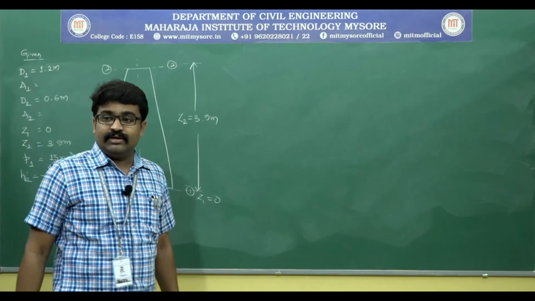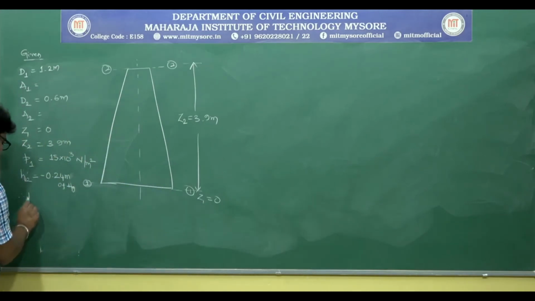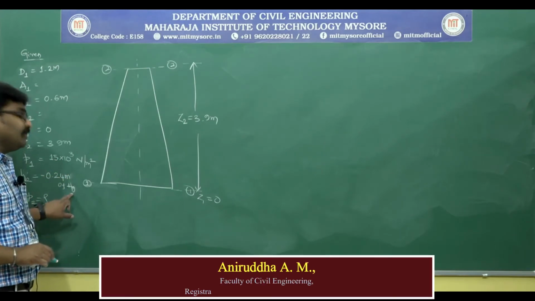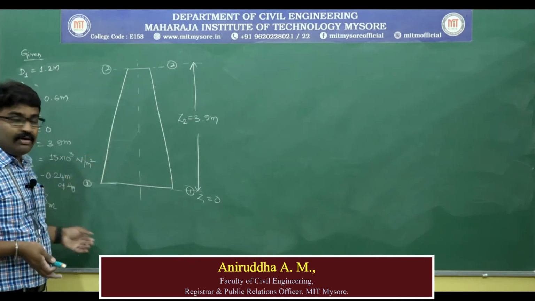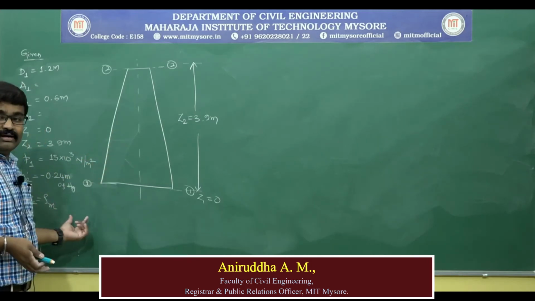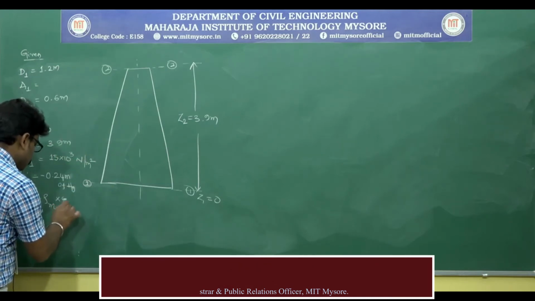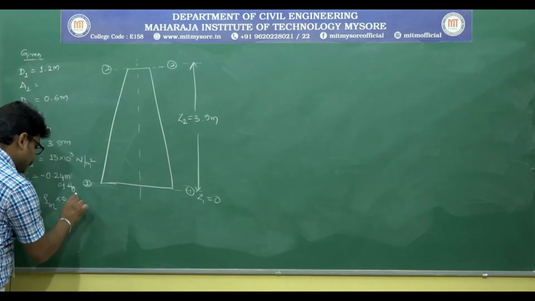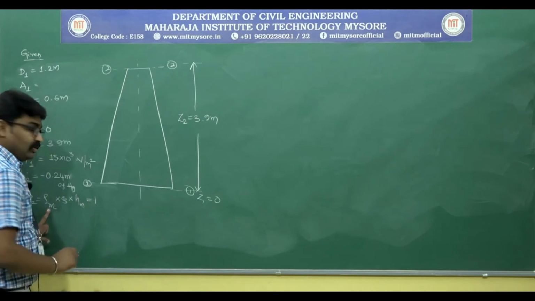How do I convert this into pressure? Therefore, pressure at section 2 is rho m. Why rho m? M is nothing but mercury, because head is in terms of mercury, you will have to have the density of mercury. So rho m into G into Hm. Hm is nothing but here H2. What is rho m?